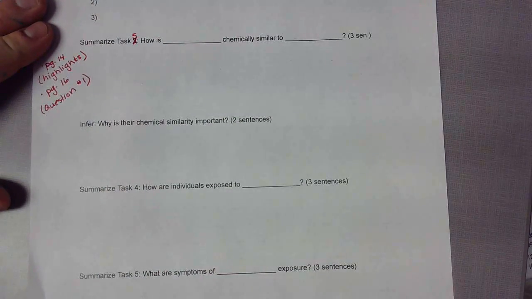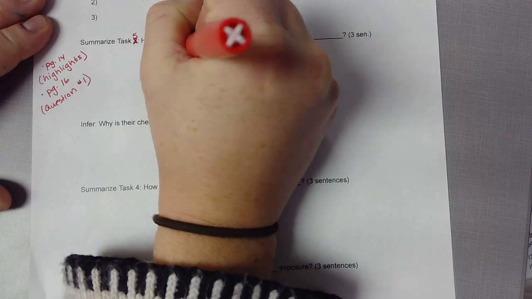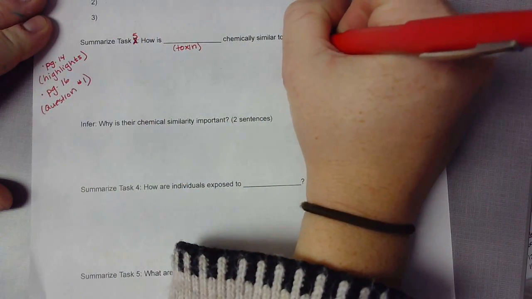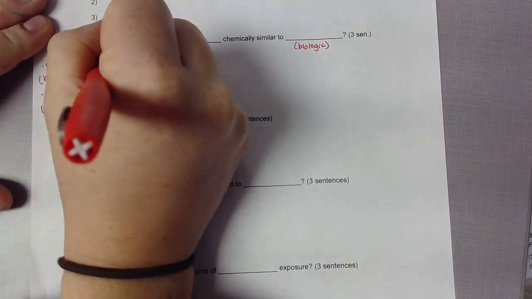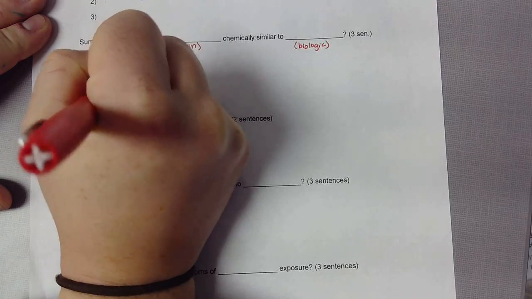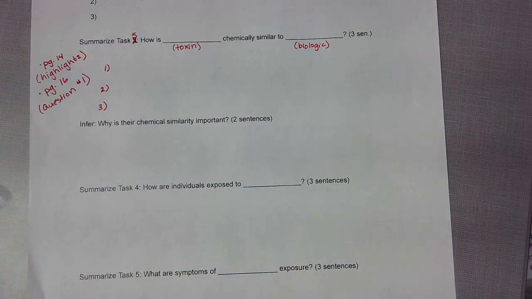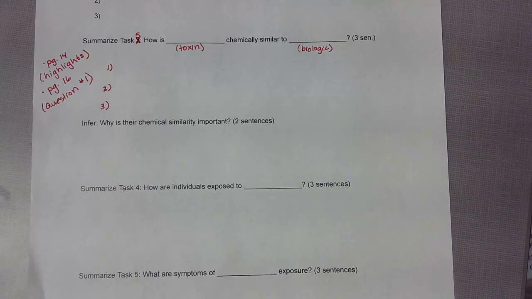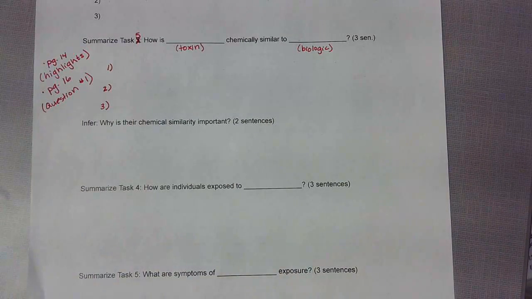So you've got these 2 resources to look at for explaining how your toxin is similar to your biologic. You do need 3 sentences, so I would number that. Full, complete sentences that can stand alone. If I were you, I would go ahead, pause the video now, and go fill out this section using these notes and make sure you make that correction.